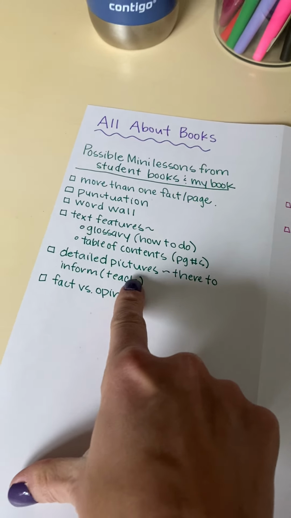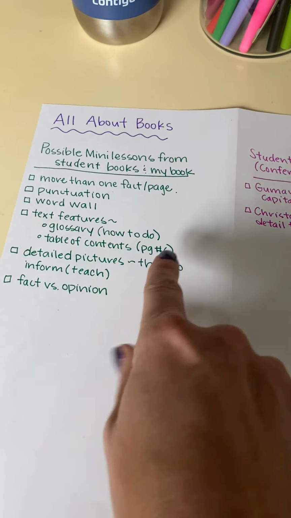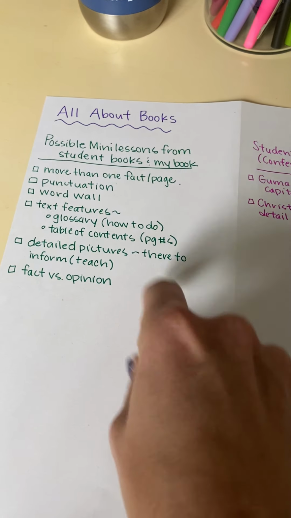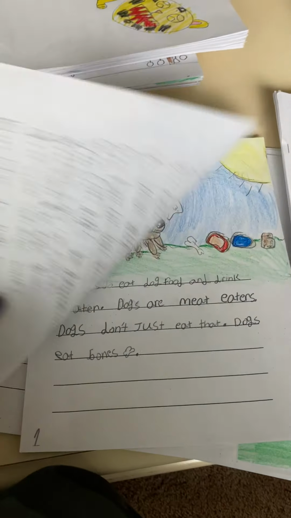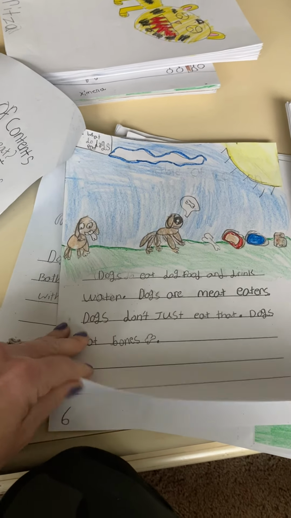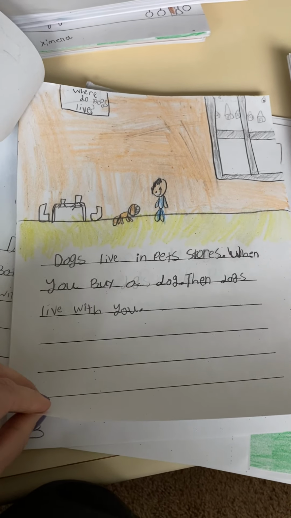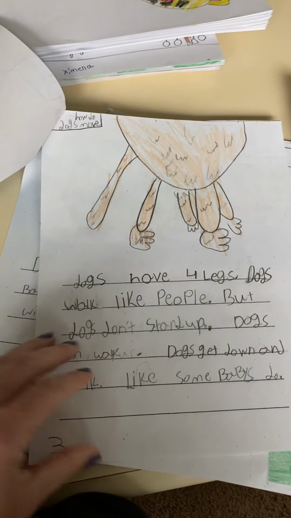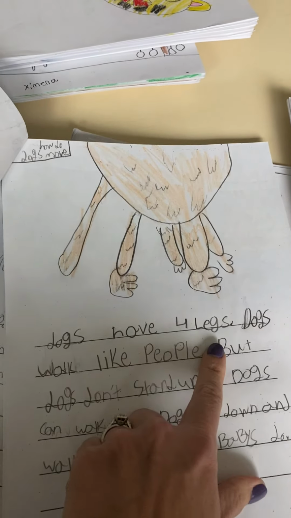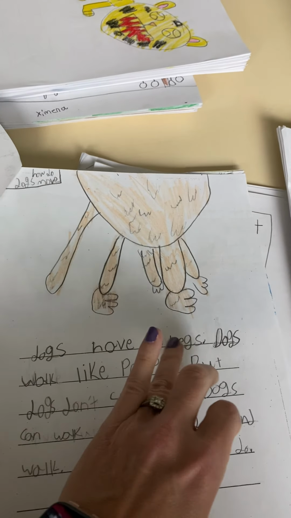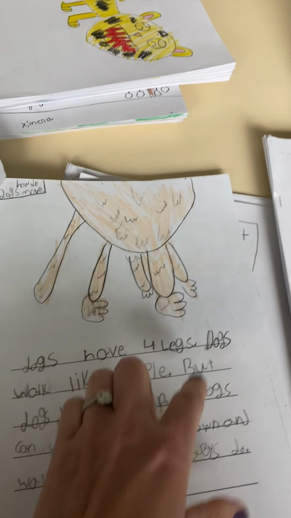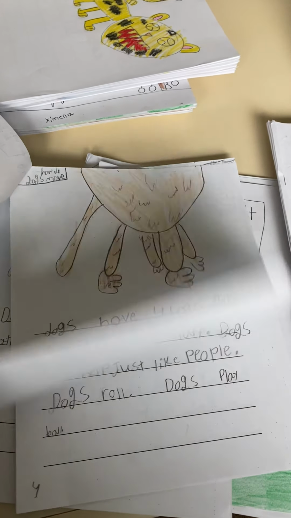Another one, detailed pictures. So our pictures in an all about book are there to inform or to teach the reader. And that's what I noticed a lot of my students, Christopher especially, like I was talking about. I can talk with him about this during conferring, but you can see he has great pictures, but it's more of like that fictional story format. So dogs have 4 legs, great picture, but now he needs to kind of label that and show us that here are these 4 legs.